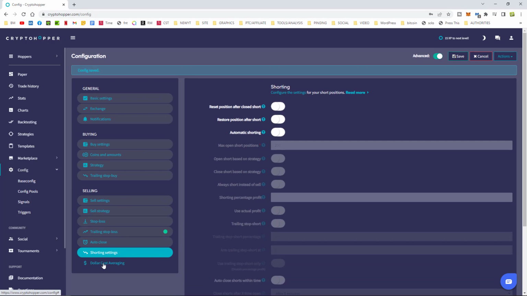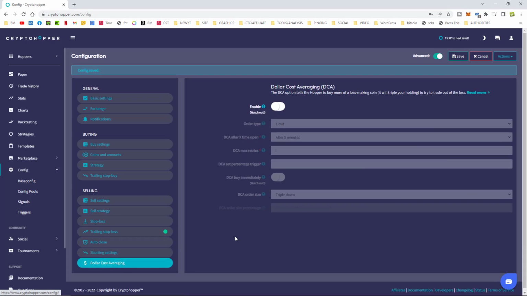Let's have a look. Dollar cost averaging, you could set this up if you wanted. Let's say you buy Bitcoin and straight away it starts going down. The market just changes. Let's say it goes down 5%. Well, you can set this to buy some more Bitcoin if it drops, rather than doing the stop loss.